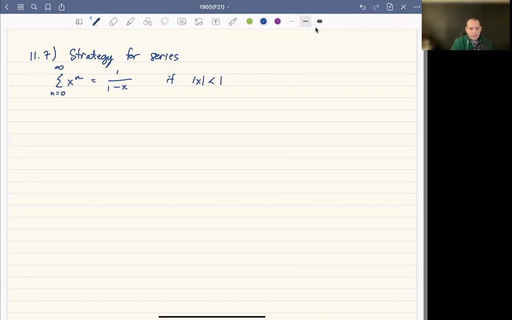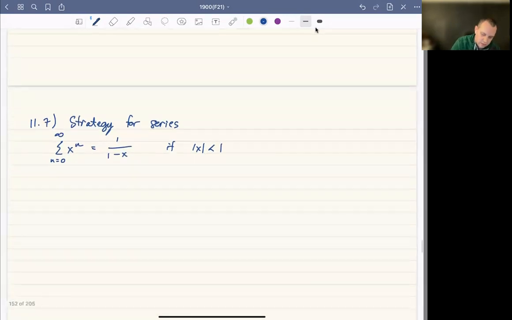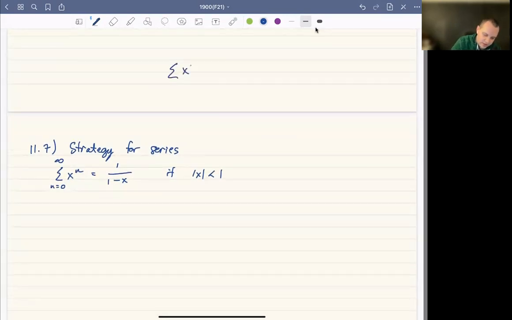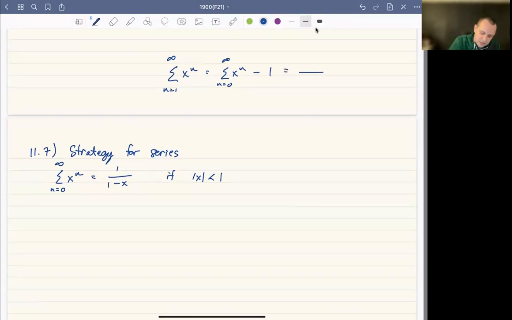The book words this a little bit differently. It turns out that when you have the sum of x to the n as n goes from 1 to infinity, this is just the sum from 0 to infinity minus the n equals 0 term, which is 1. X to the 0 is 1. And so this is 1 over 1 minus x, as we know, minus 1.